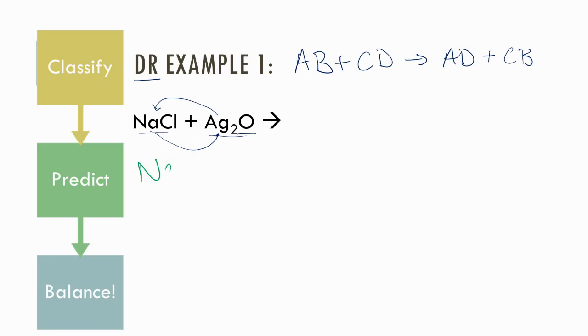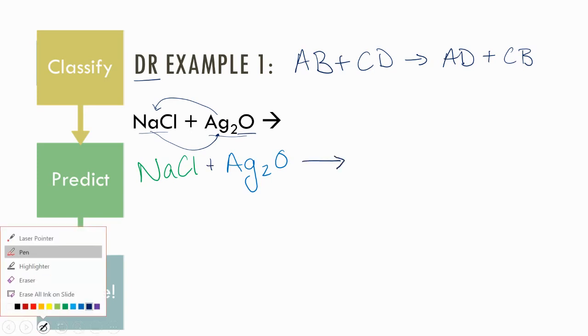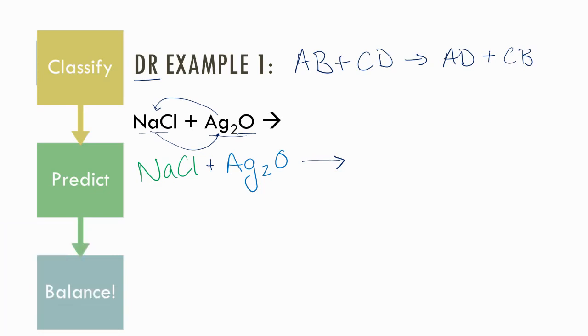So I'm going to put NaCl in green and Ag2O in blue. And we're going to see what happens over here. I like to rewrite the ions in those appropriate colors.